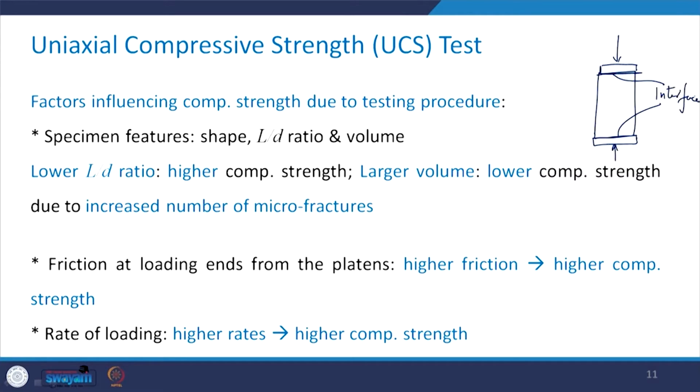At these interfaces there is going to be friction. If this friction is high, you get a higher compressive strength. So, apparently we are getting a higher strength, but the material does not have that much strength. So, we need to reduce this friction to, let us say, almost 0, because only then will we get the actual value of the compressive strength. How to do that? We will see.